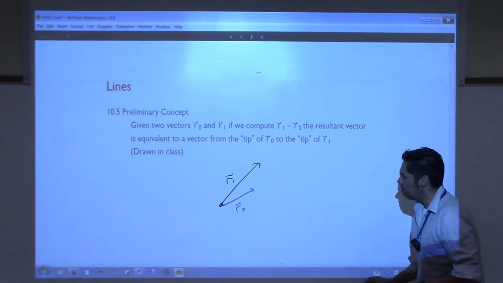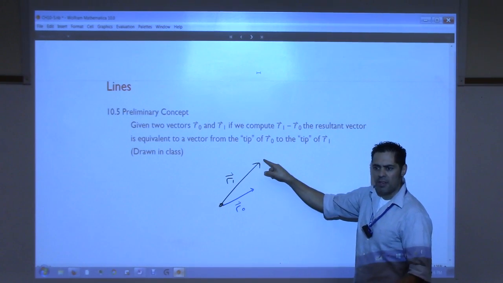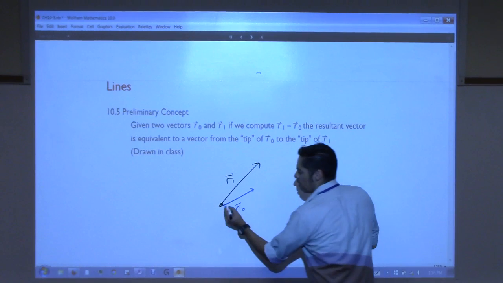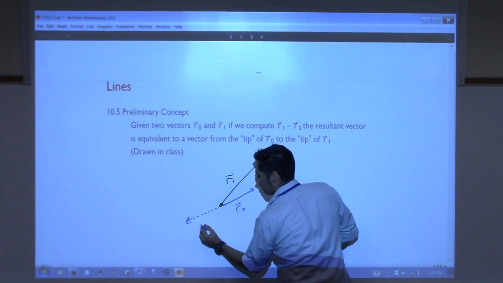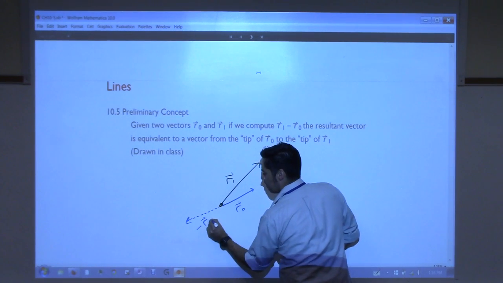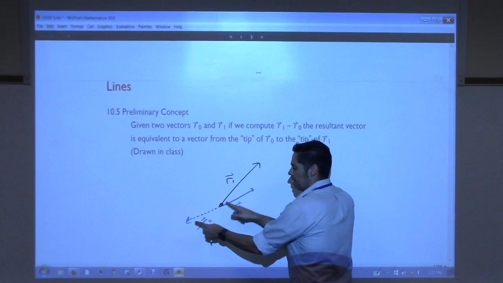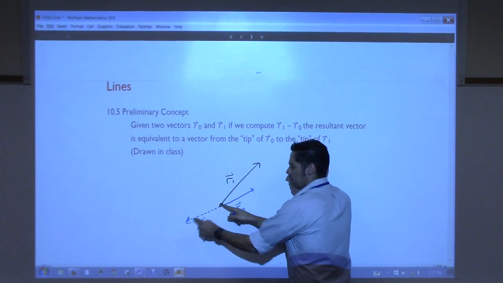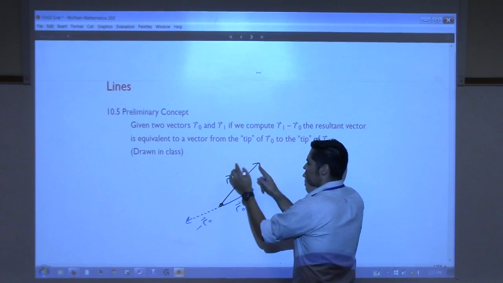Well, that's the same as going R1, right? And then looking at negative R0. Negative R0 would be this, right? And if I add R1 to negative R0, I can slide this up and go the tail of this one to the tip of that one, right? So I do that, I come up here.